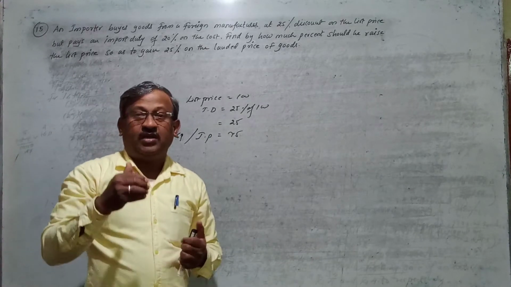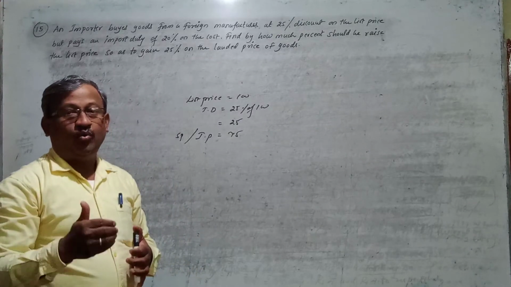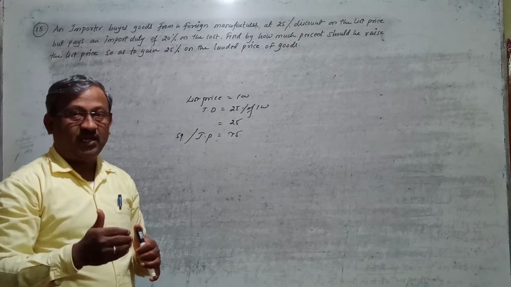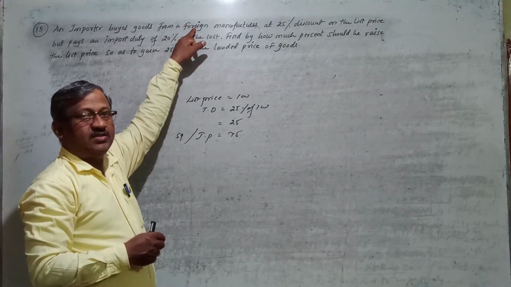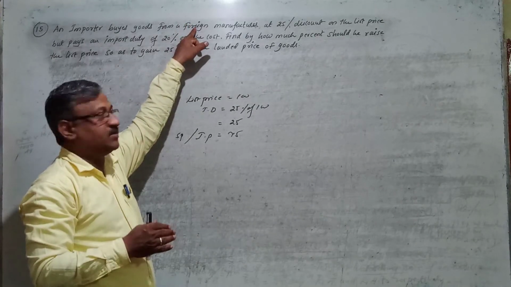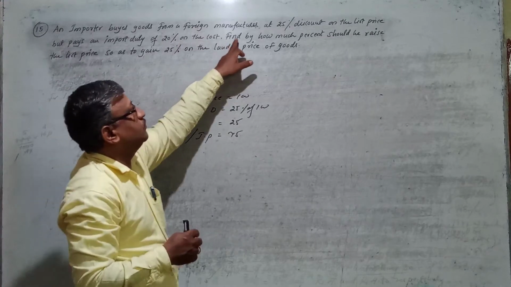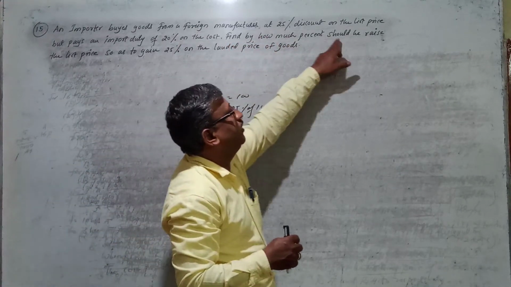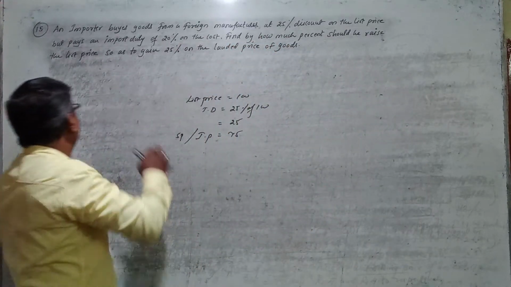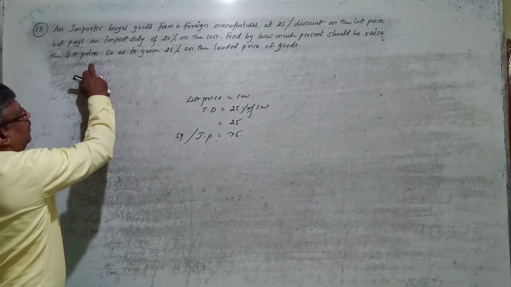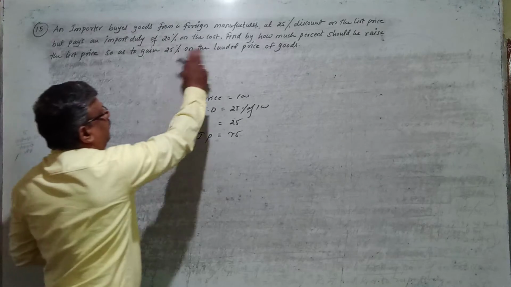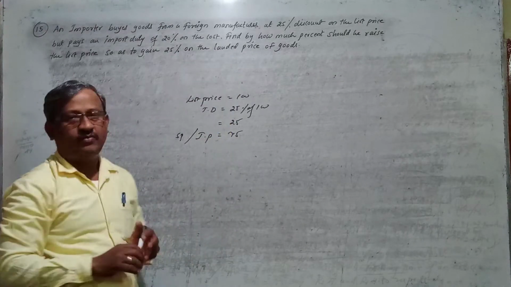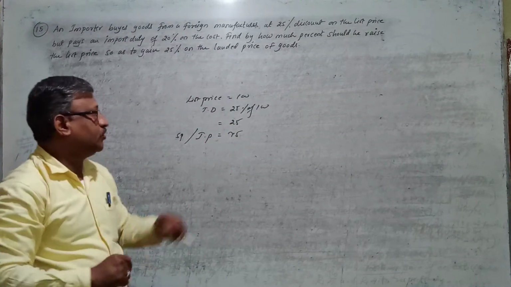So whatever selling price of the importer comes, whether it is more than the manufacturer's list price or less than the manufacturer's list price, that is what the question is. Find by how much percent should he raise the list price, whose list price? Manufacturer's list price, so as to gain 25% profit on the landed price of goods. So this is the problem.